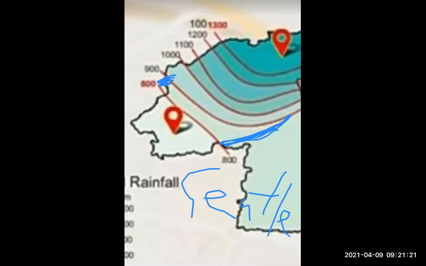So whenever the lines are far away, it is gentle, and whenever lines are closer to each other, it is known as steep. But it only happens in the isopleth method, because we are always using lines whenever we are preparing isopleth maps.